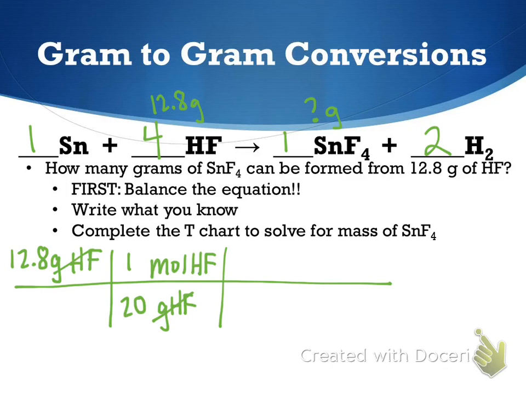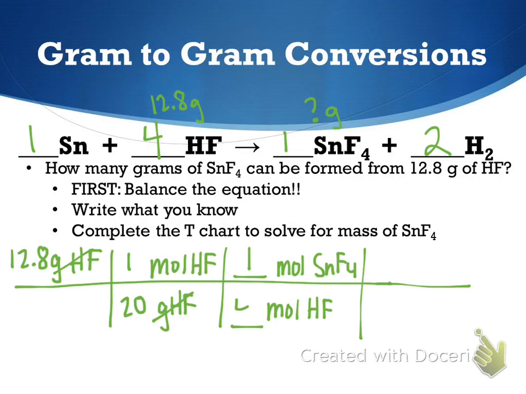So I'm done with grams. Now I need to go from moles of HF to what? Moles of SnF4. And these values need to come from where? From our coefficients.